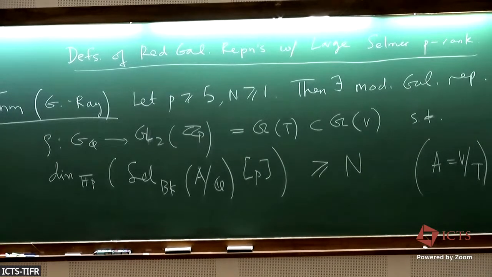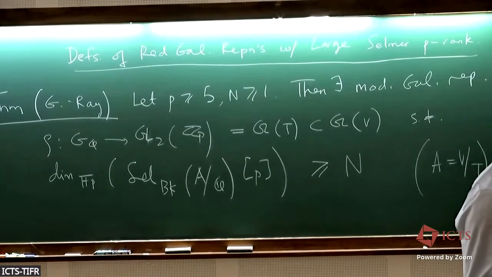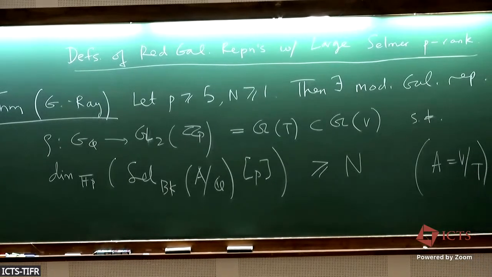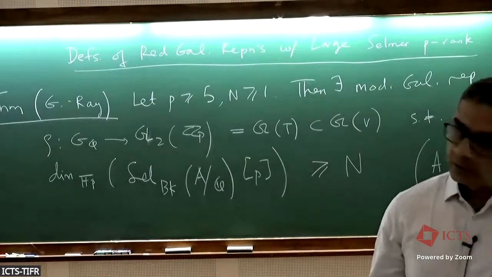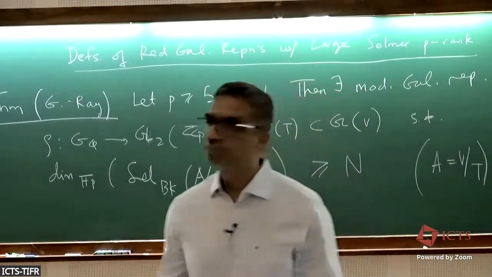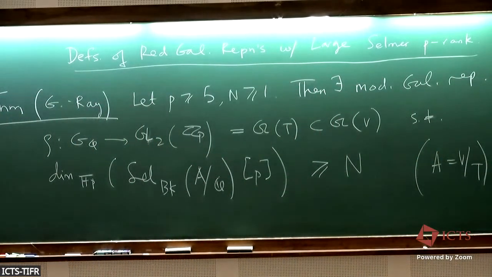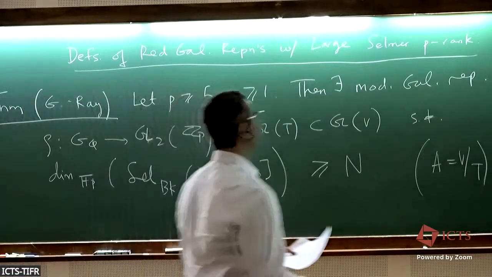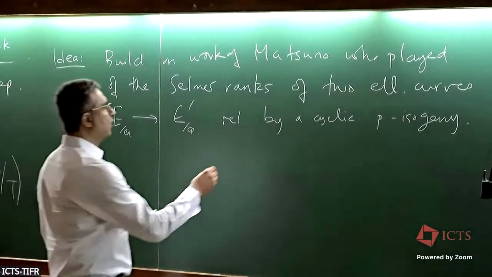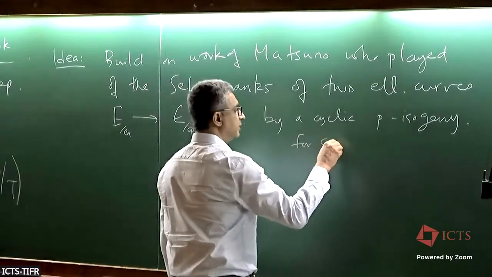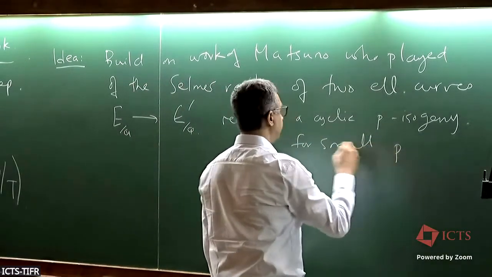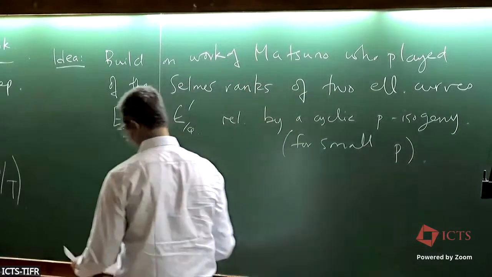He started with a reducible mod p representation and lifted it to an irreducible characteristic zero representation, without any Serre conjecture or anything like that, but at the expense of adding some primes of ramification. So it's a very explicit method, and that'll show up in the proof. Yes, this was for small primes, and I think that's more or less required if you're working with elliptic curves over Q.